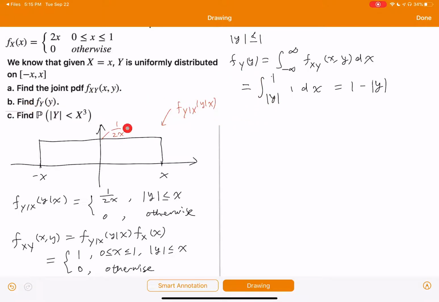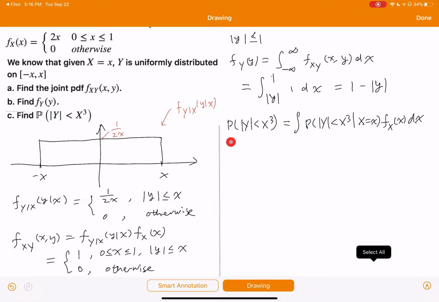Let's look at part C, this probability. Let's calculate the probability that the absolute value of y is less than x cubed. Based on the question here, we know that y is a uniform distribution. So if we condition on x, the density is a constant given x equals x. So let's write this as the integral of the probability that the absolute value of y is less than x cubed, conditional on x equals x, times f of x dx.